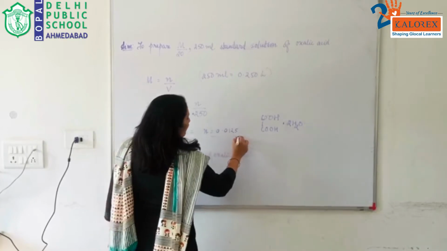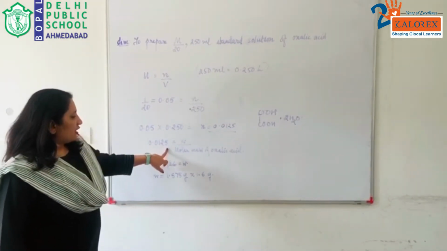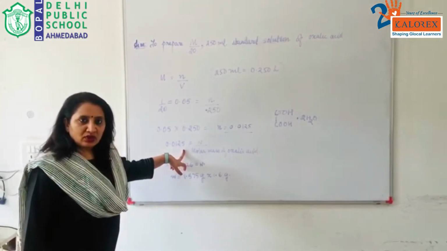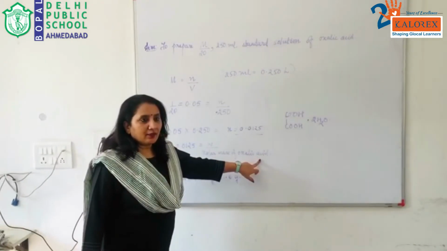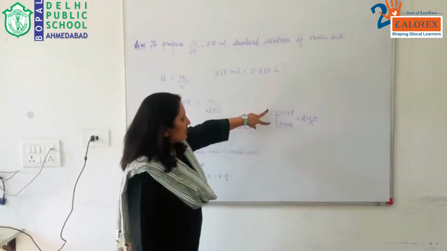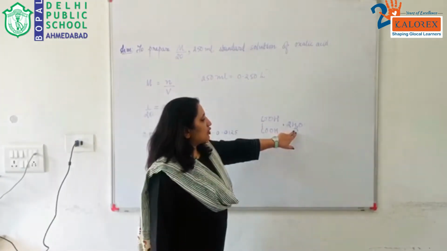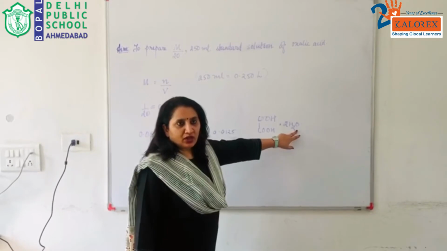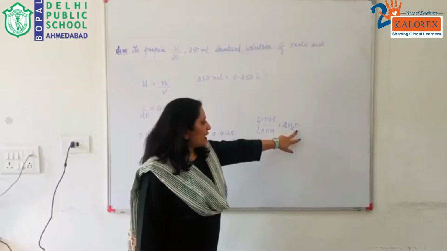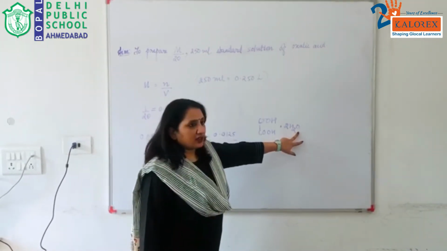This is the number of moles. So 0.0125 is nothing but the number of moles, which is given mass upon molar mass of oxalic acid. Here the molar mass of oxalic acid is to be taken as 126, because we are also considering the water of crystallization. 2 molecules of water are required here.